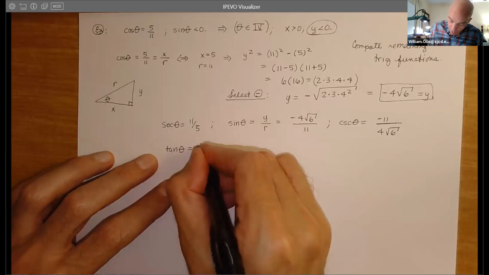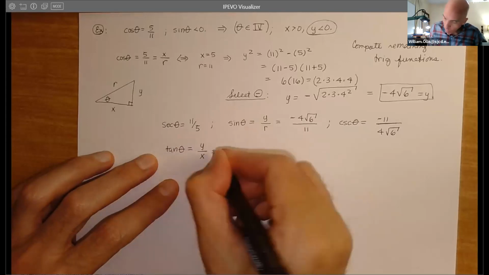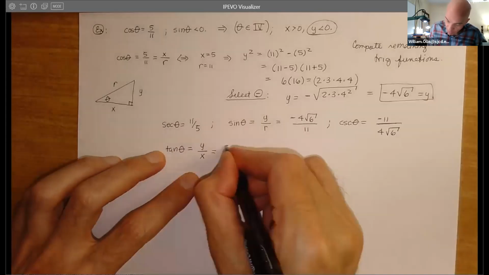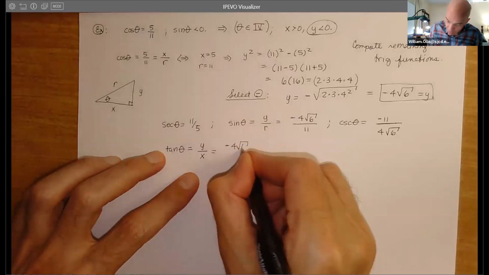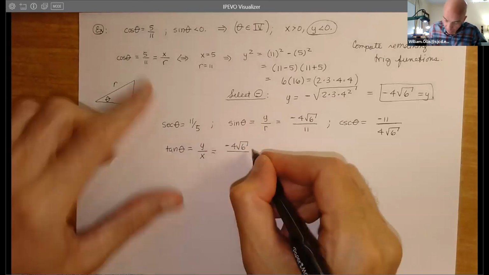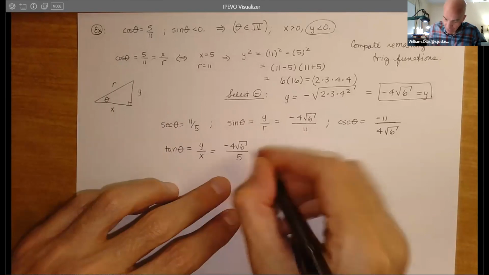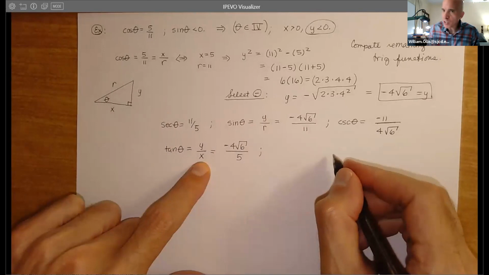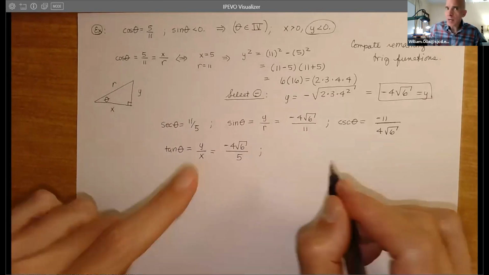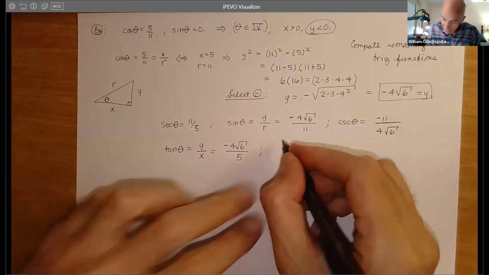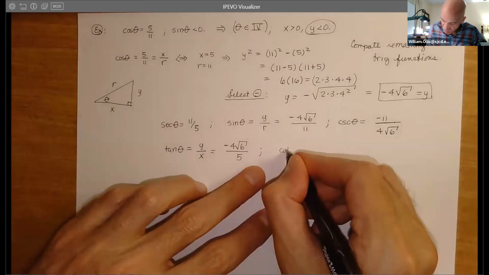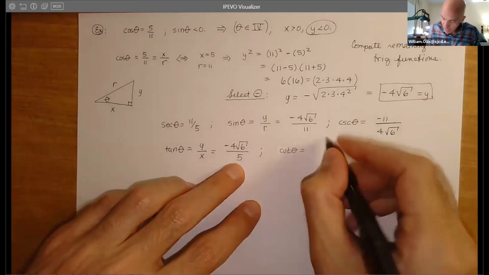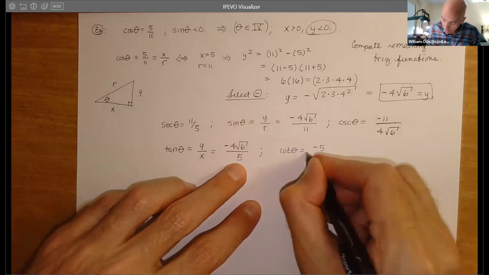That'll just be y over x. So y is right here, -4 square root 6 over x, which is 5. So it's kind of simple, I guess, when you think about it, thinking about ratios. So this has improved our ability to compute. And then cotangent theta would just be the reciprocal of this, -5 over 4 root 6.